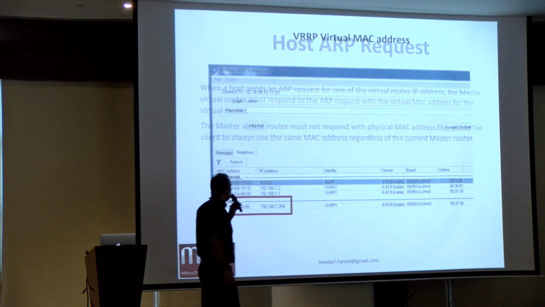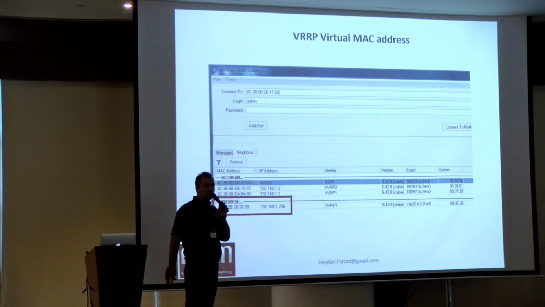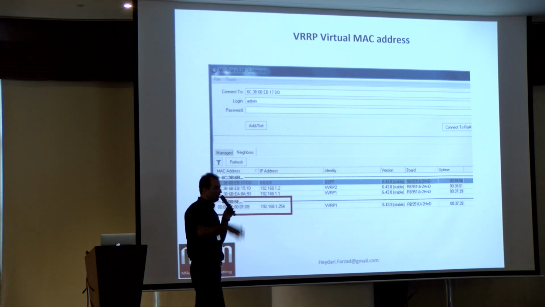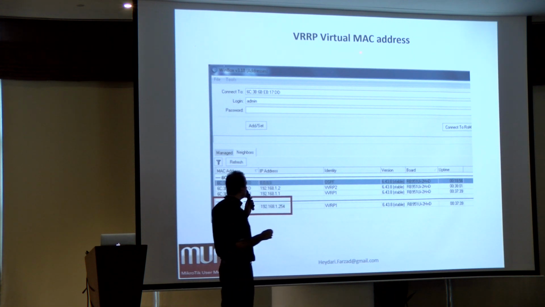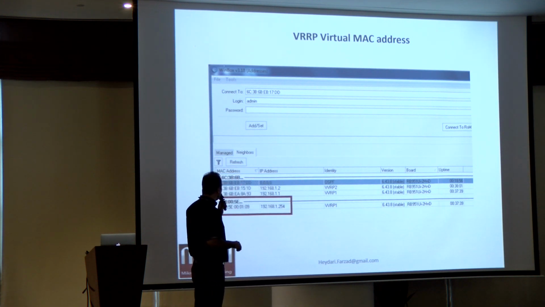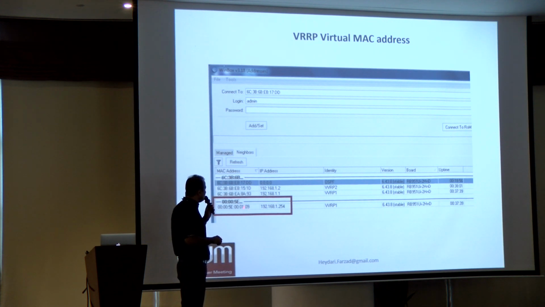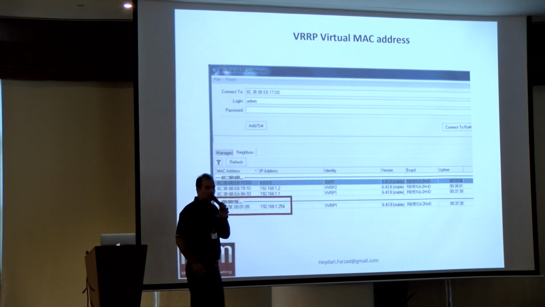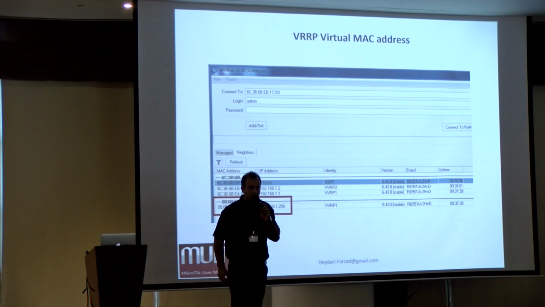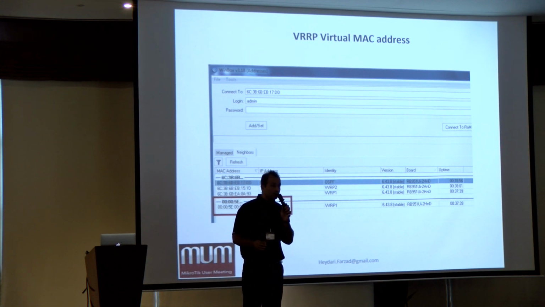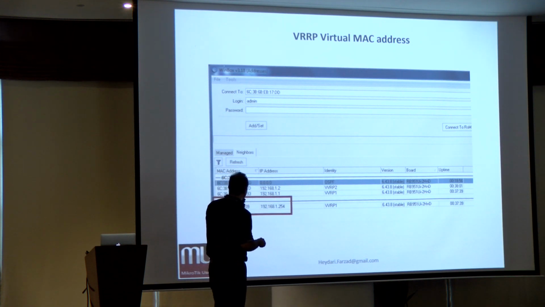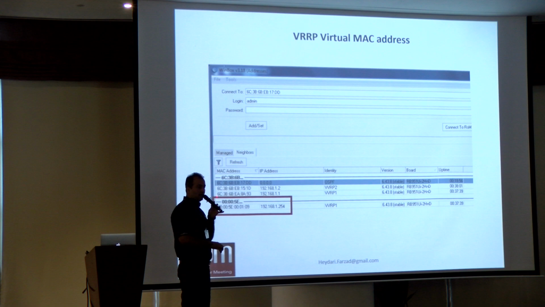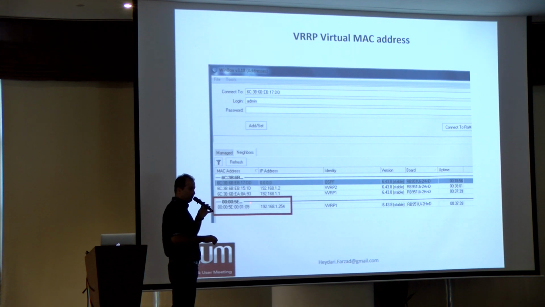When you run Winbox, as all of you may know, you can see this MAC address here. And this one is the VRID. As I mentioned before, I use 0 for my VRID. So my virtual MAC address here, you can see, is 0, 9.